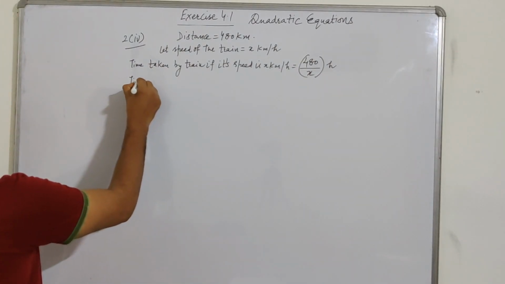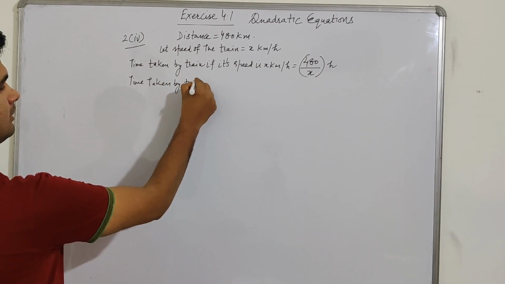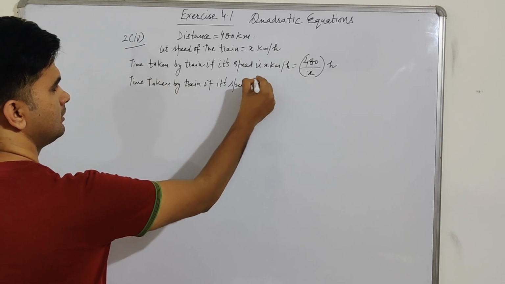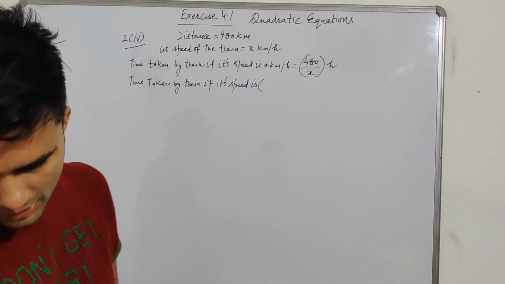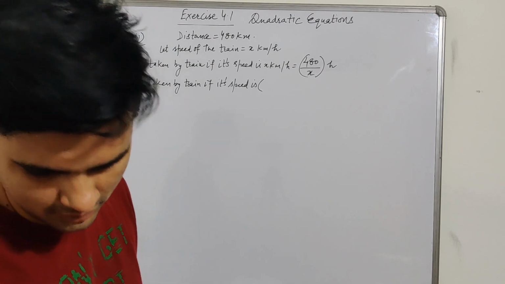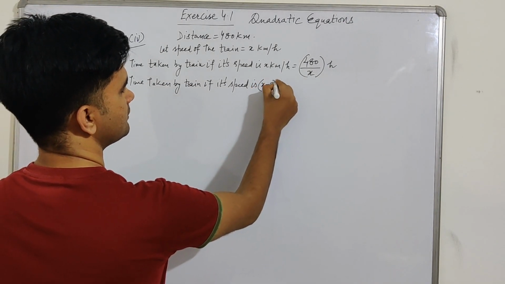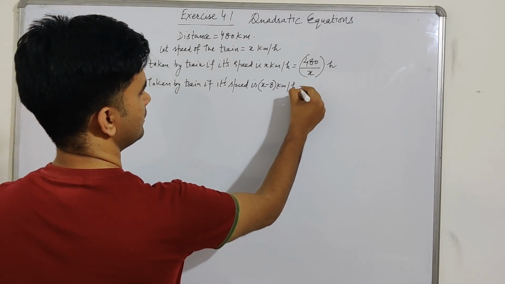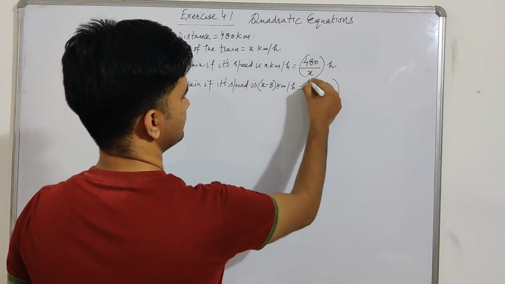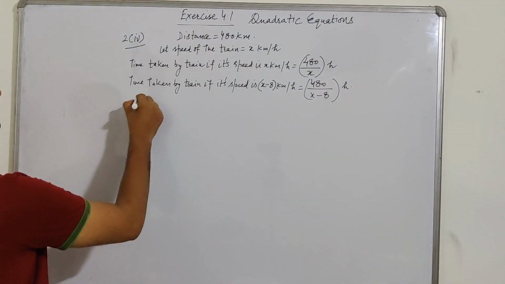Then the time taken by the train if its speed had been 8 km per hour less, it means x minus 8 km per hour, then the time is 480 upon x minus 8. Right. Now move according to the question.